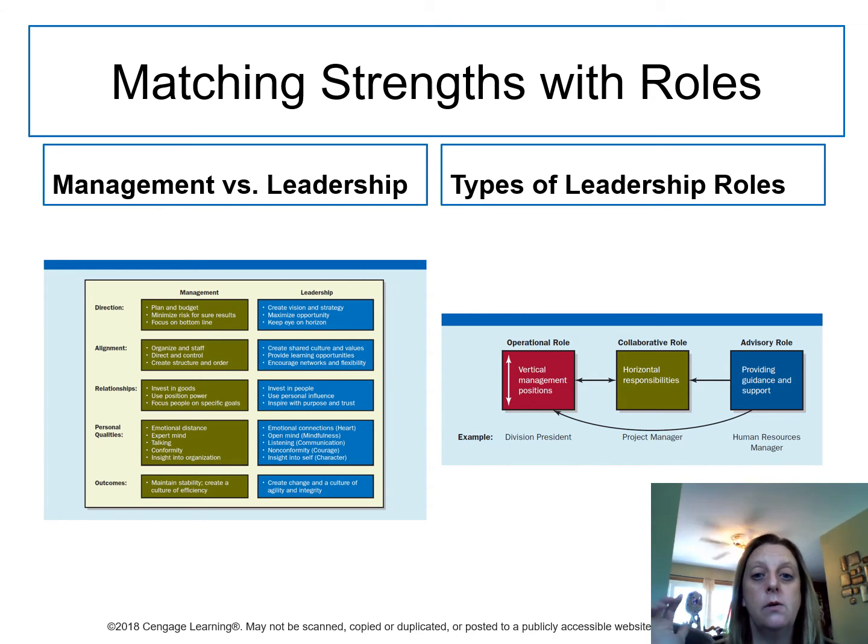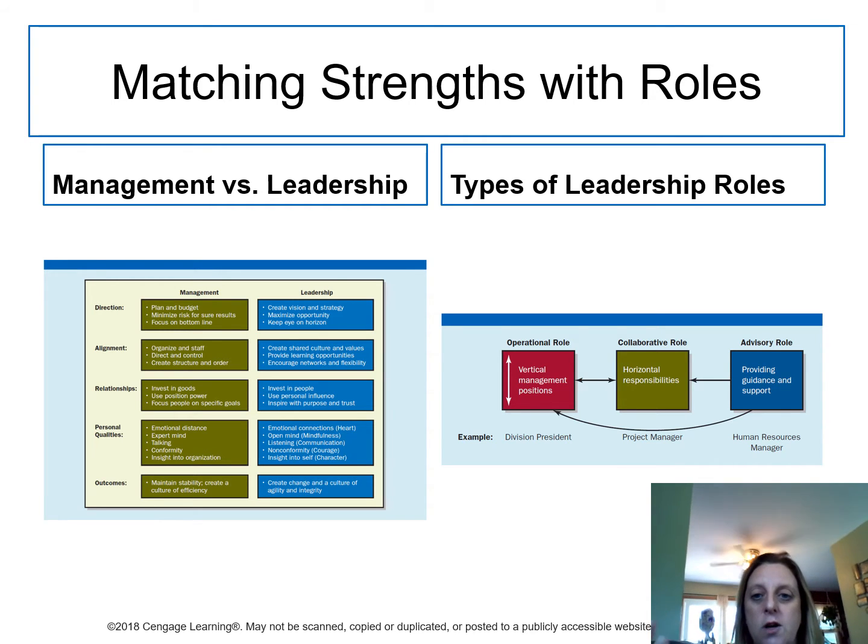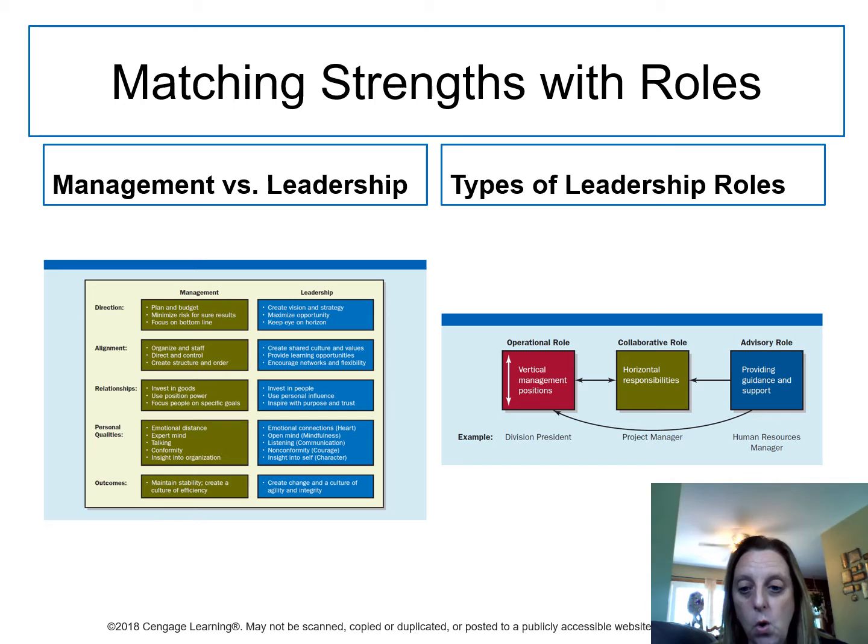And research also suggests that although there is a core set of competencies that all leaders need in order to be effective and successful, there is significant variation in the personal characteristics, behaviors, and skills that correlate with success in these different leadership roles.